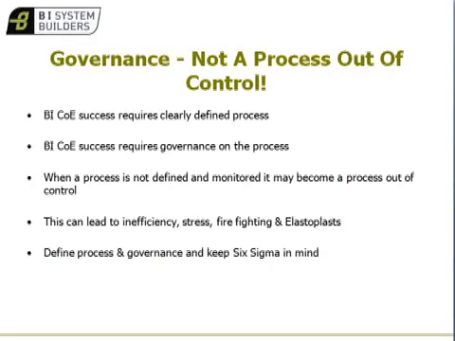If you have a process, you can monitor the process to make sure that it doesn't become a process out of control. And remember, if you fail to have a process and your BI system goes out of control, it will lead to inefficiency, can create great stress. People start firefighting. They come under too much pressure. They become demotivated.